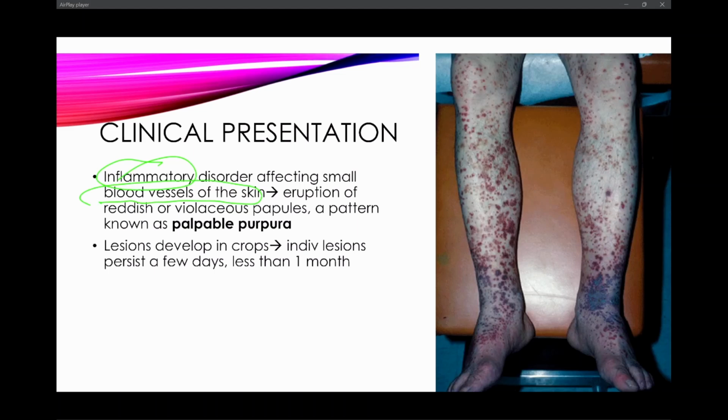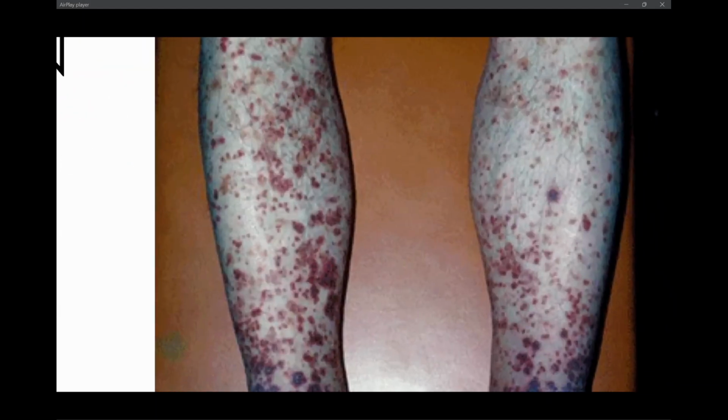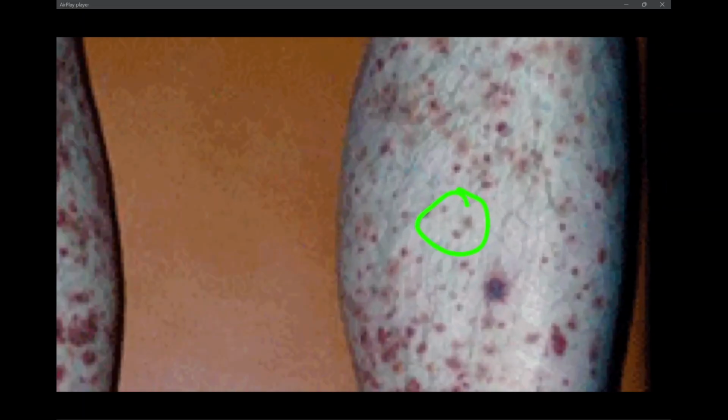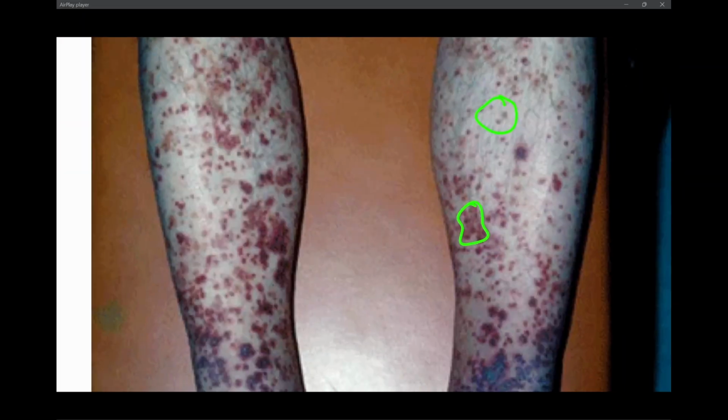Now, let's look at this. How would you classify those little dots right there? Petechiae, right? Because of the size. Now, what about this one? Purpura, still.